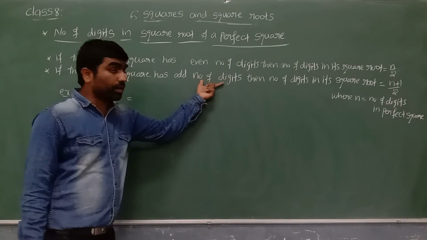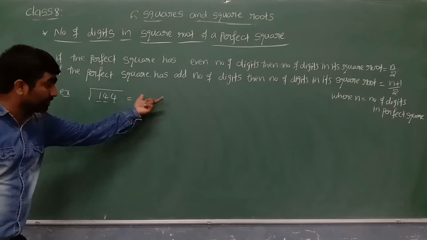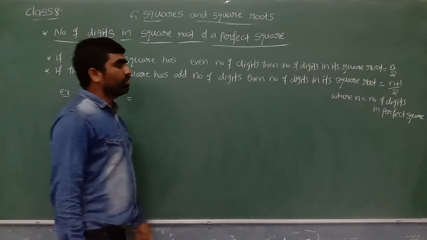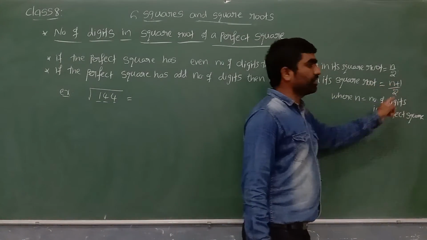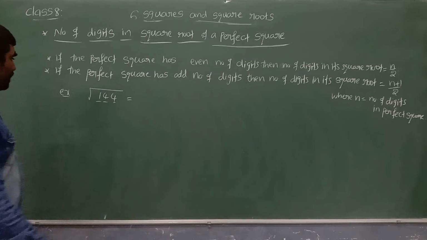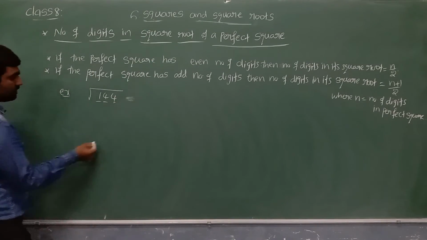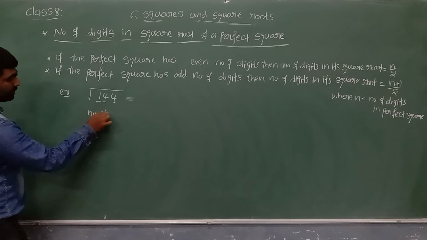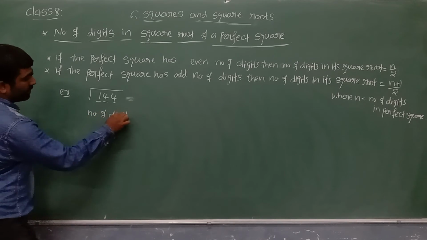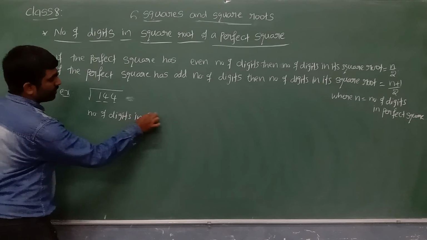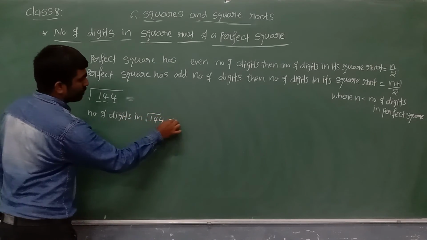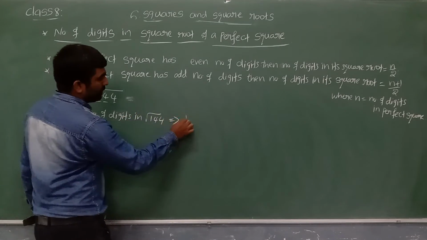So when we have an odd number of digits, to know the number of digits of its square root, we can apply this formula: n plus 1 by 2. So the number of digits in the square root of 144 is equal to, what is the formula we can take? n plus 1 by 2.